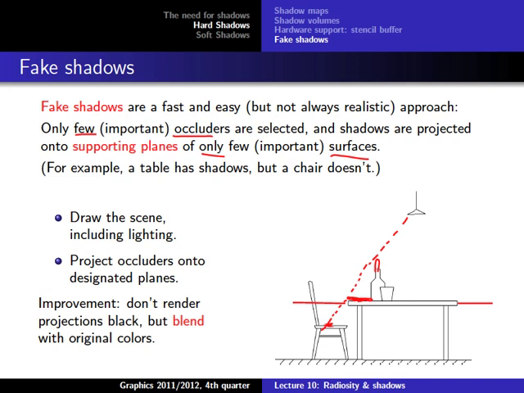Now, if we have an occluder and a receiver, we project the occluder onto the receiver in the direction where the light is coming from, and then we draw the shadow here. Obviously this does not lead to a perfect situation. First of all, we are excluding certain shadows like the one here on the chair, and secondly this calculation can have mistakes.